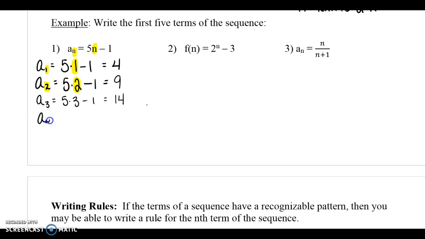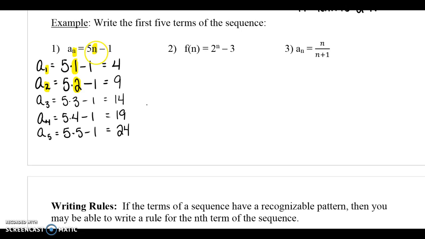A sub 4 would be 5 times 4 minus 1. And if you're noticing the pattern, you might actually be able to finish out this sequence without doing the math. You're just adding 5 each time. And think about this.